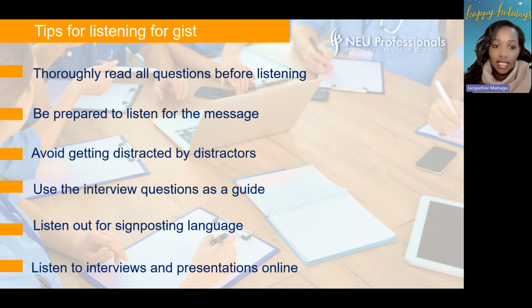That is what gist is, the main idea. And sometimes you can't directly find the answer from both reading and listening, but they're mainly talking about one thing, and that one thing is the main idea that you're being asked to listen for.